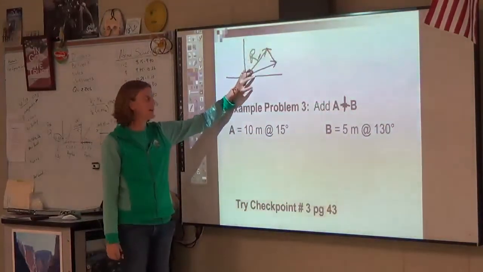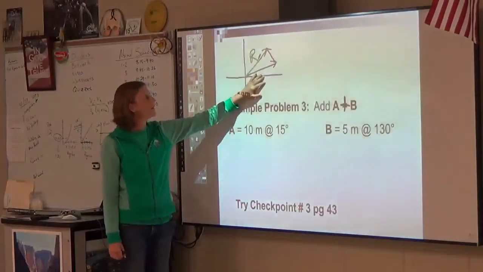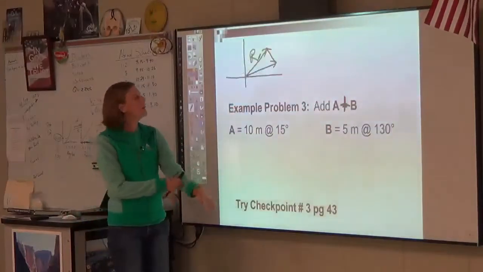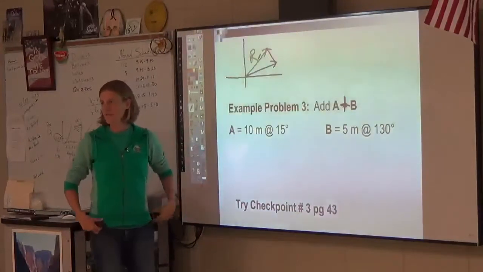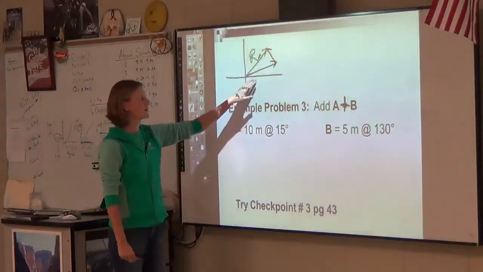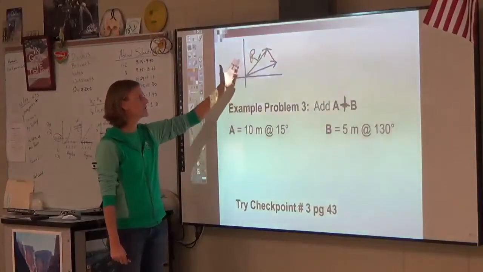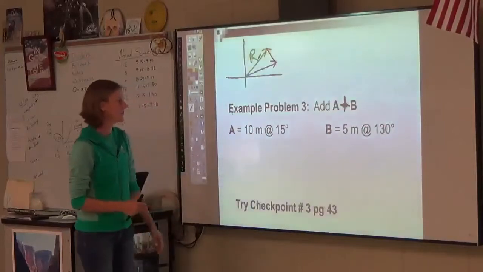It should make sense that my resultant's between 0 and 90 degrees. Looks like, according to my little sketch, about 45. But use your sketch to make sure your answer makes sense, because sometimes I get completely wrong answers. You could have easily told me that was between 0 and 90 degrees, and yet I'll get an answer that's way over here that doesn't make sense to your sketch at all.